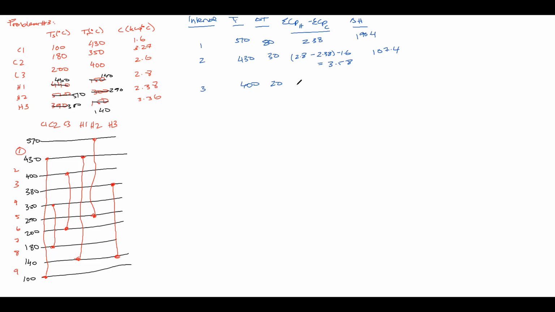So H1 plus H2, so I have 2.8 plus 2.38 minus my cold streams, just C1 and C3, so 1.6 plus 2.6, and this will be equal to 0.98, and the delta H for this interval will be 0.98 times 20, and this is 19.6. Okay, let me just be aware.